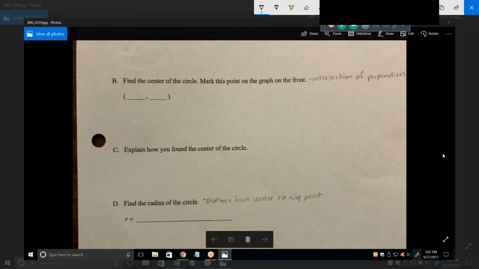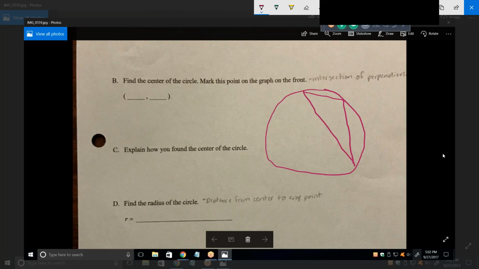So let's draw our circle. It has 3 chords. Now, that is a triangle that is inscribed in a circle.